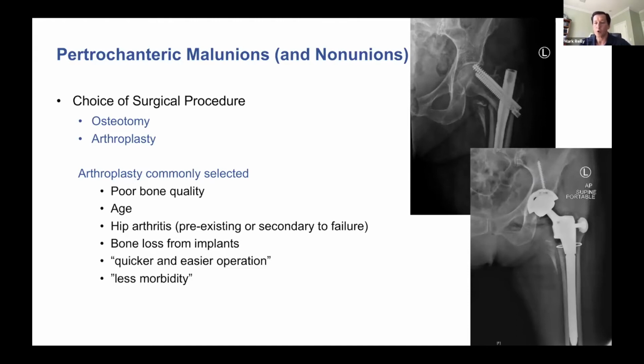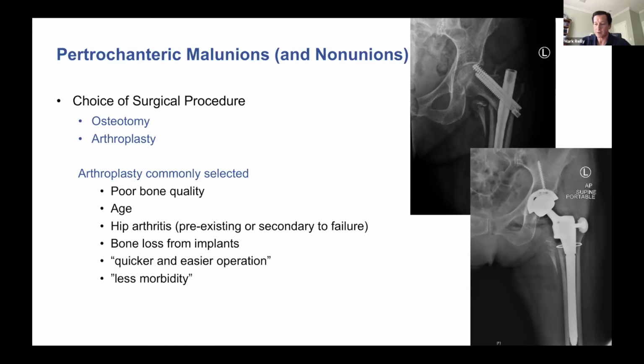It's a quicker and easier operation with less morbidity than putting the patient through an osteotomy and then having them heal. But we still see these problems in young patients where an arthroplasty is not a great option. And so if we don't know the role of an osteotomy in these situations, then it becomes something that is a lost art and is not thought of.